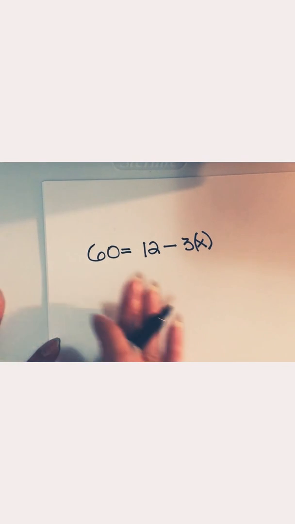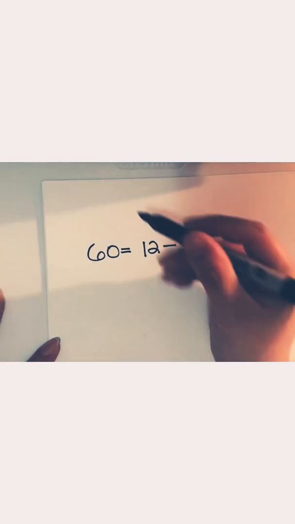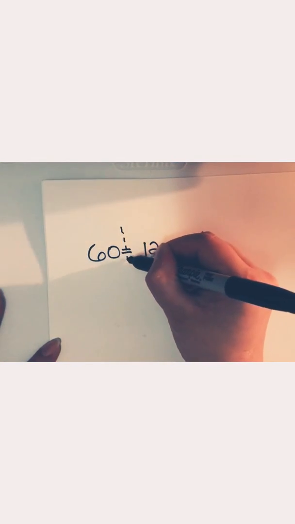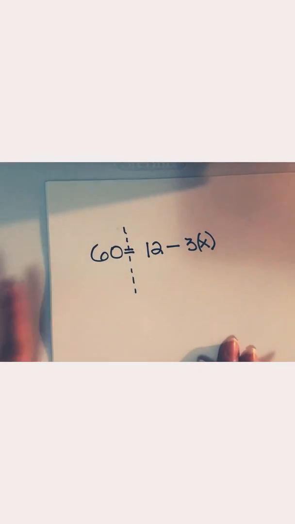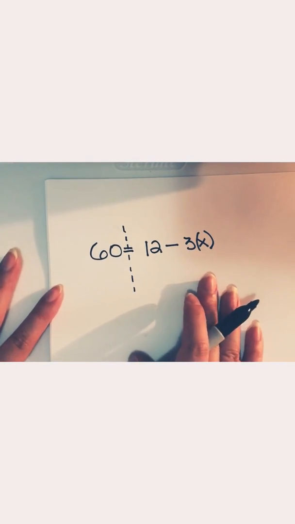Now, regardless if the answer is on the right or left, doesn't matter. You can always separate the equation where the equal sign is, right? So this is your left side, this is your right side.